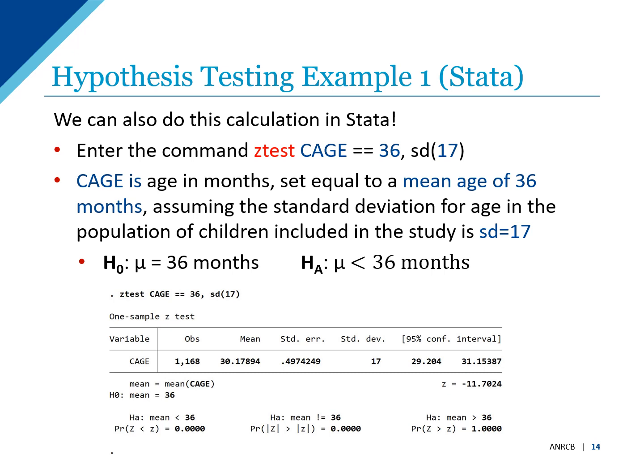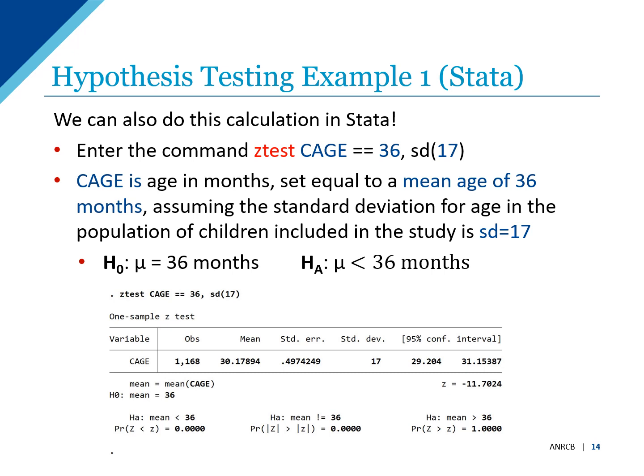We can check and see that it ran the z-test on 1,168 observations, and our observed mean age is 30.17, or 30.18 if we had rounded, and the standard deviation is set to 17. Our 95% confidence interval for this mean is 29.204 to 31.1715387.